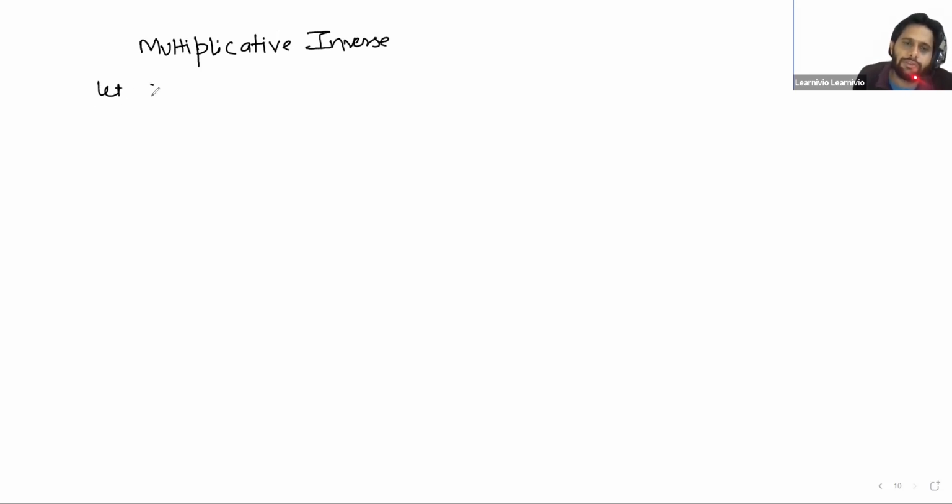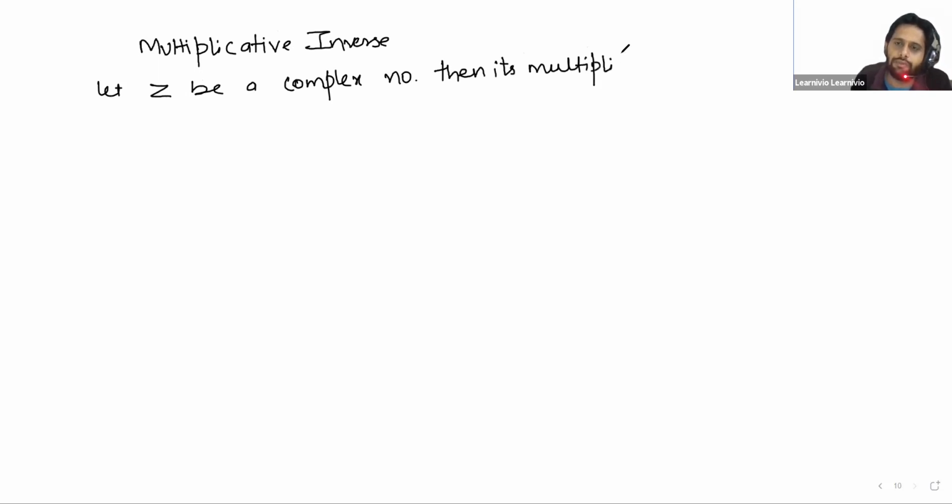Let Z be a complex number, then its multiplicative inverse is given by 1 by Z. So if a complex number is given and you need to find the multiplicative inverse, then you will just take the reciprocal of that.